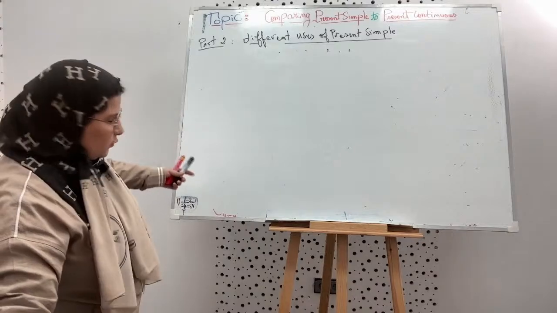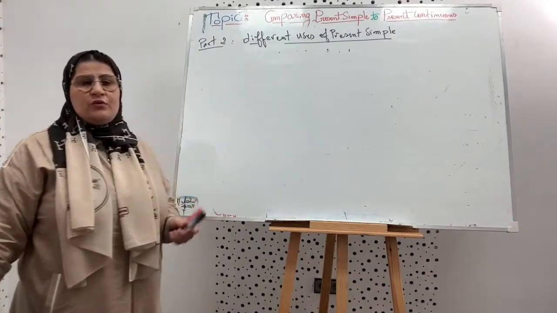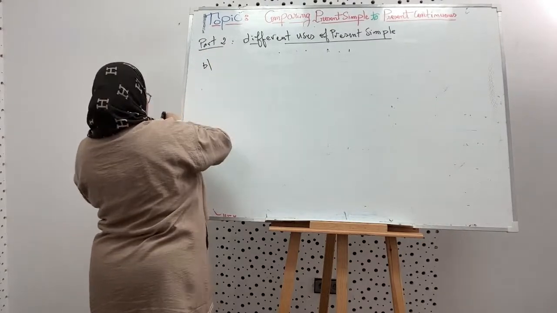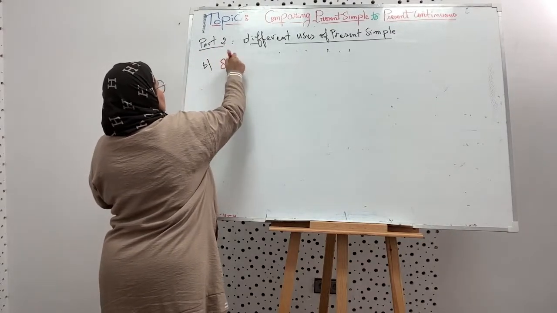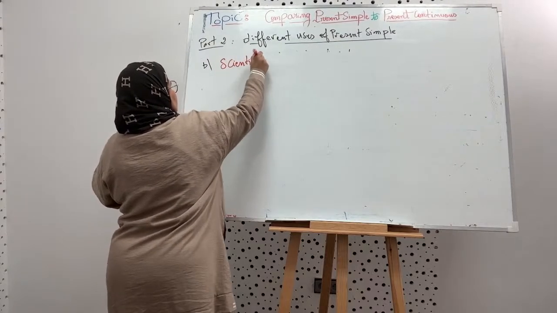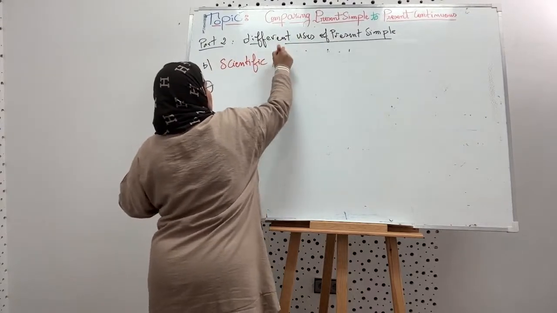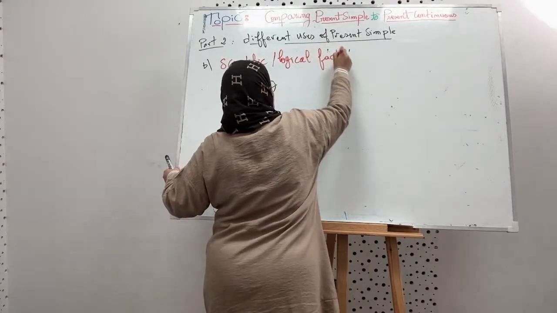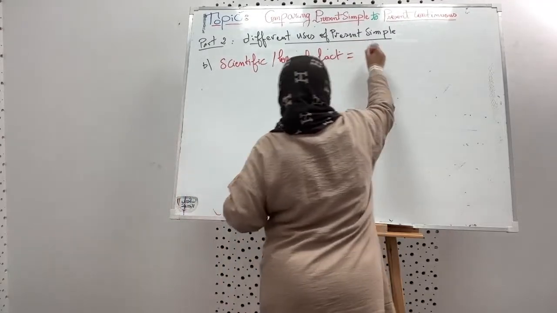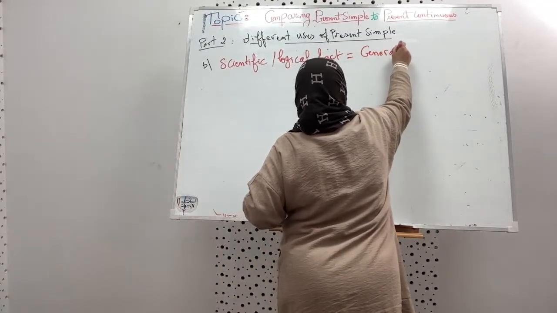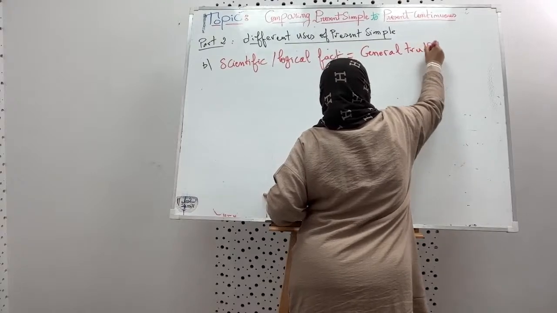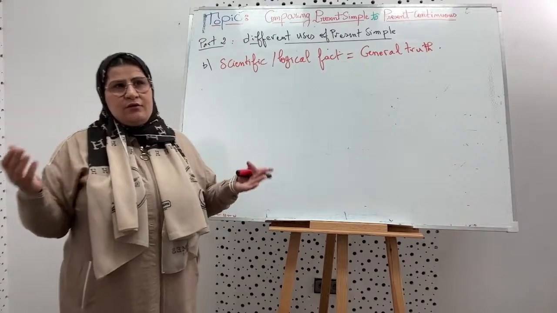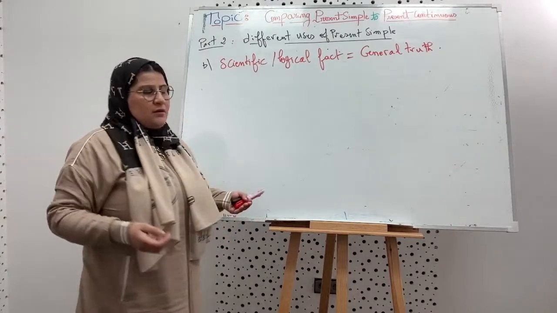Okay, one of the basic and fundamental uses of the present simple is when we talk about scientific, we can also call it logical facts, or we can call it a general truth. So when we talk about scientific and logical facts, there are different examples that express the general truth.